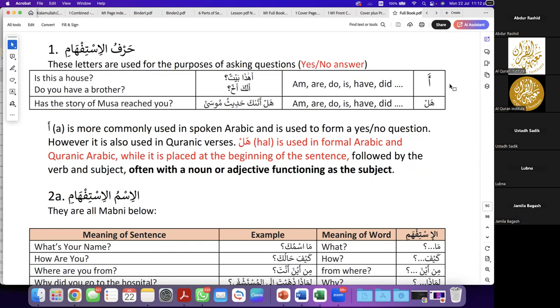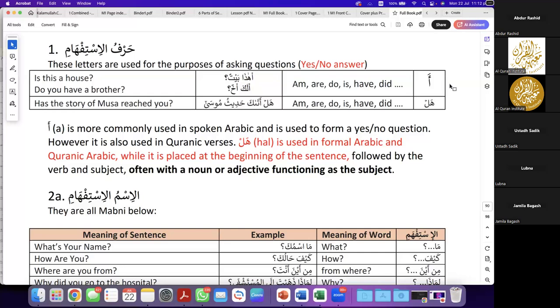If I remove the hamza and just said hadha baytun, it will mean this is a house. But just by adding the hamzatul istifham, it has become a question.